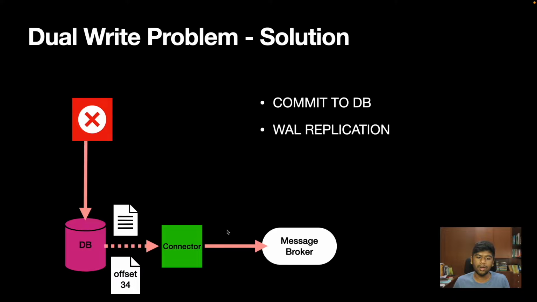But if it does, we know that it will come back on and it will continue from this offset that it has committed, right? So there is a slight possibility for your data to be duplicated again, because the connector might send a message to the broker, and then before committing the offset, it might crash. So in that case, you might have certain messages sent multiple times, but we'll look at ways to tackle this situation.